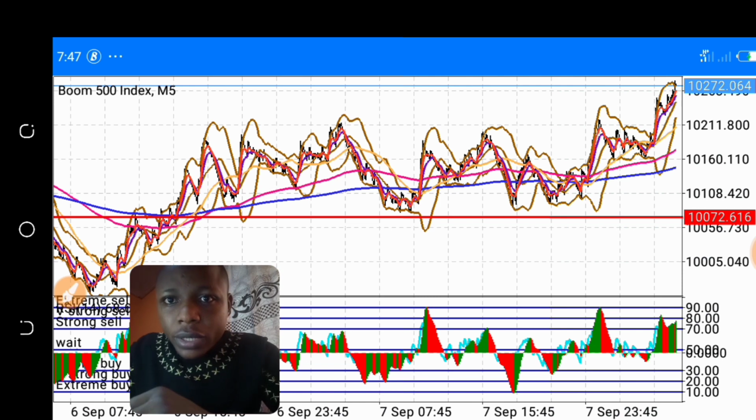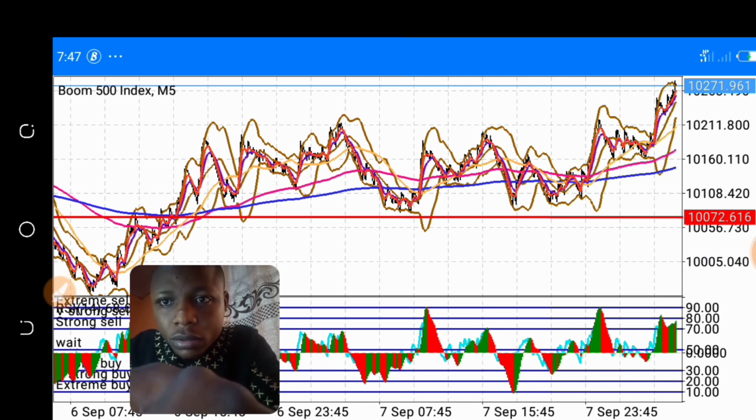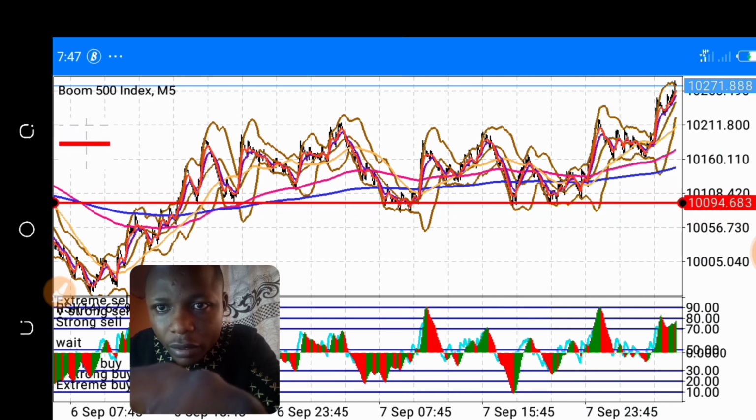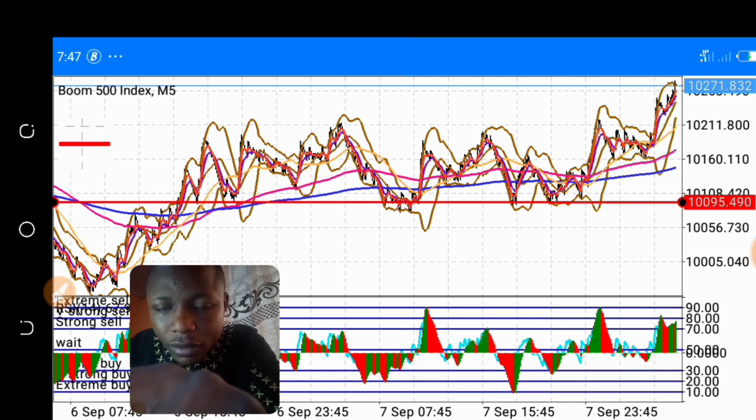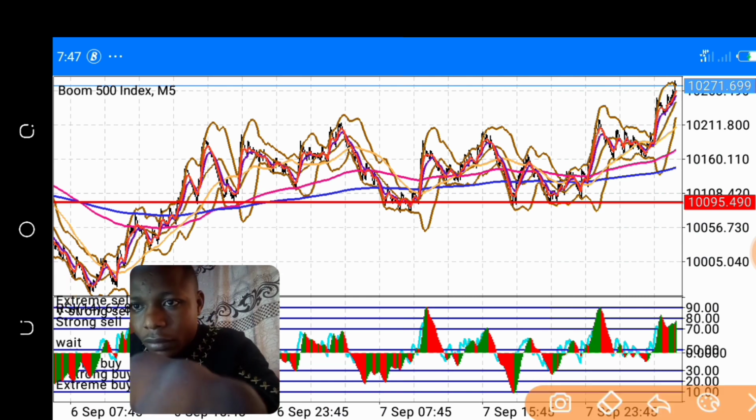So when you are drawing a support or resistance level, make sure that line is touching at least 3 of the levels. So see this one I just drew. It touched this one.